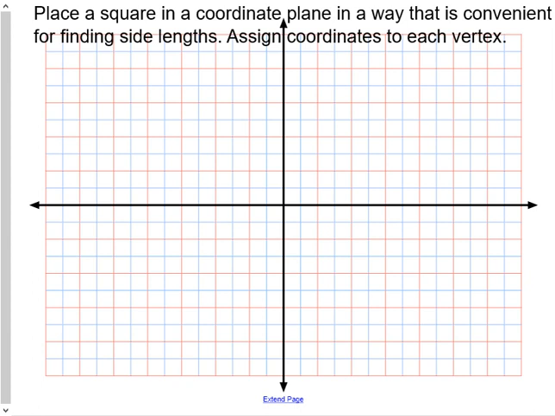Now what's easier, to use something kind of like this diamond looking shape of a square, or can we place the point in a way that we are using these perpendicular lines of the grids to help us out, right? So in this case, 4 to the right, 4 up, 4 to the left, 4 down. And if you needed to do distance formula, for the most part, we just need to count there, right? Instead of doing distance formula. So I would say it's more convenient to use the right angle of the grids to help yourself out.